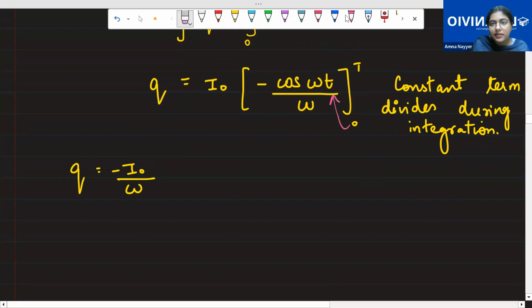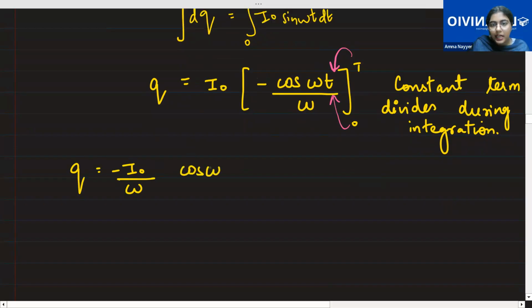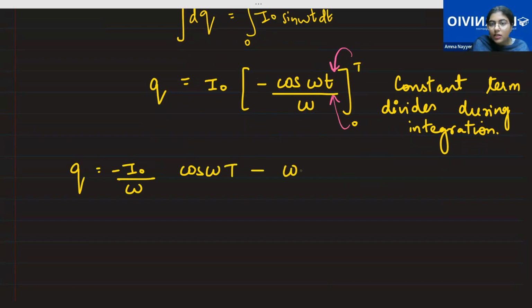In place of this small t, we will put the upper limit first: cos omega capital T, minus cos omega into 0. What we did, we just put the upper limit then the lower limit.